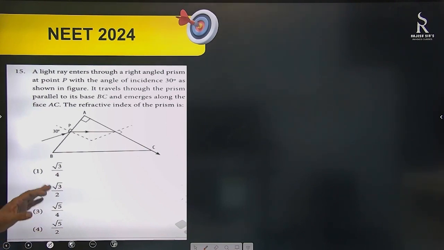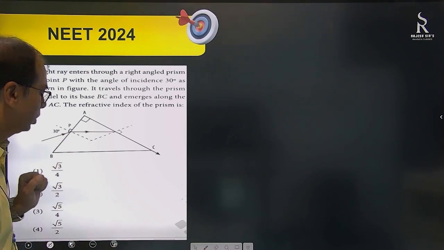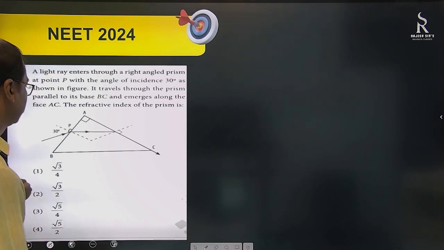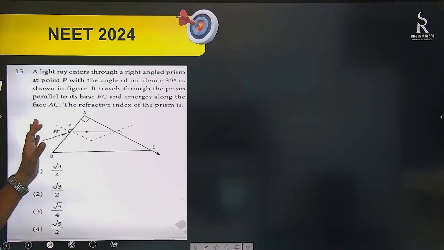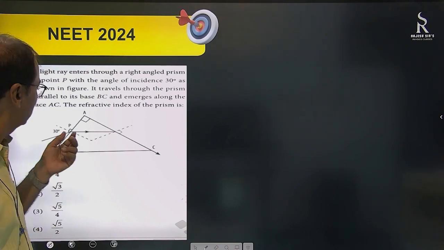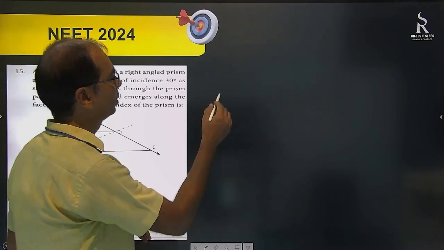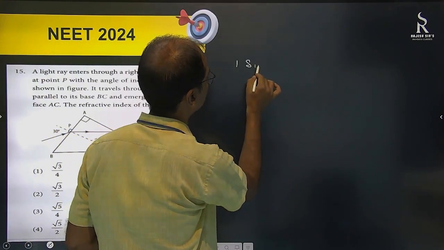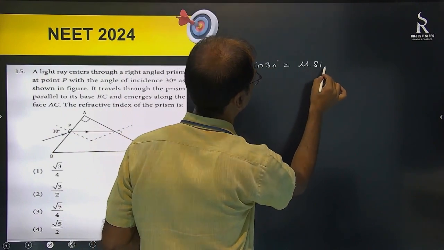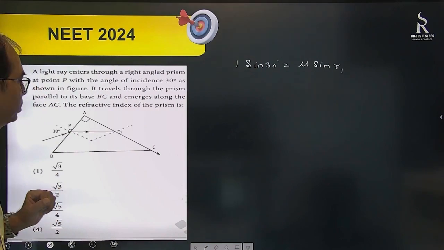For that, if we apply Snell's law, can we get the refractive index? Yes. The initial angle of incidence is given as 30 degrees. So applying Snell's law, 1 sine 30 equals mu sine R1, where mu is the refractive index of the prism.